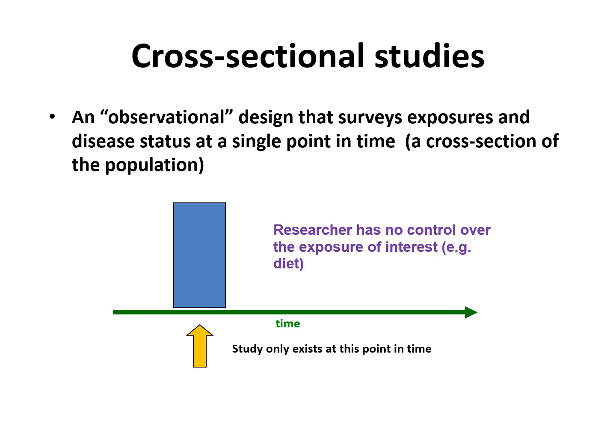In cross-sectional studies, an observational design surveys exposure and disease status at a single point in time. It's a cross-section of the population. So the study only exists at this point in time in the blue bar, and the researcher has no control over the exposure of interest, example diet, in the future or in the past.